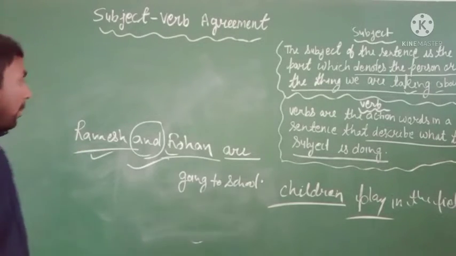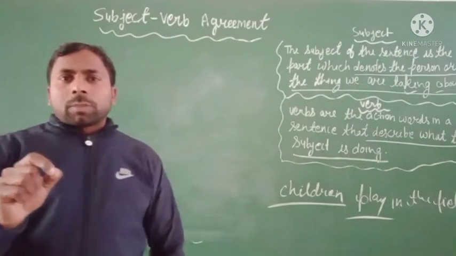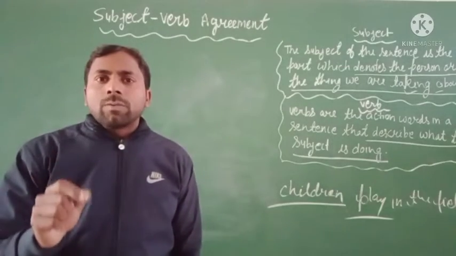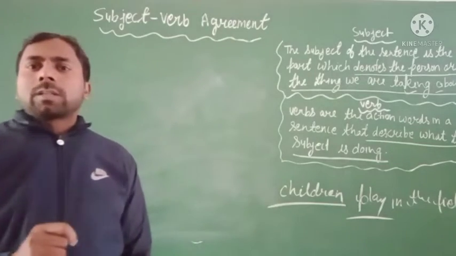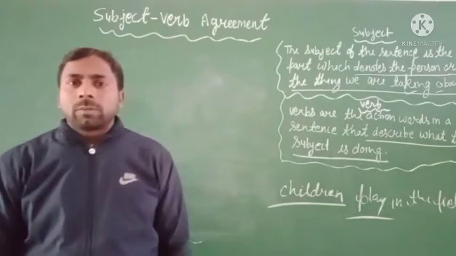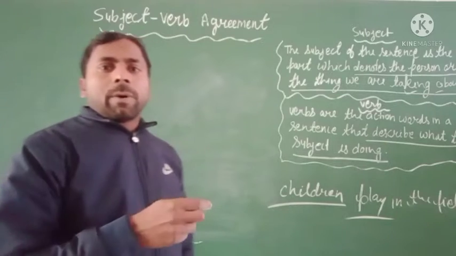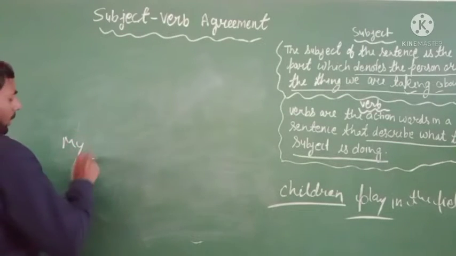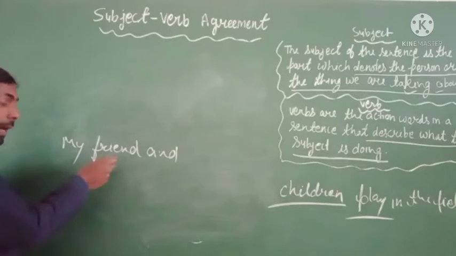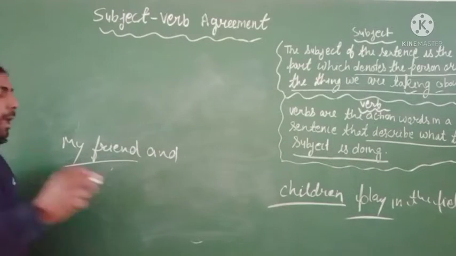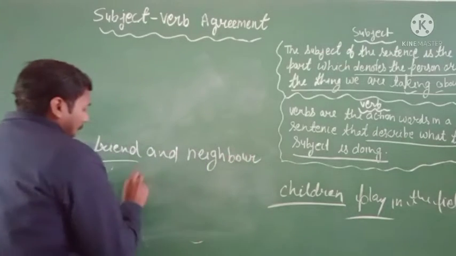But in many places, if two similar nouns refer to the same person or thing, the verb must be singular. For example, my friend and neighbor. Here my friend is a person, and I also write here neighbor.